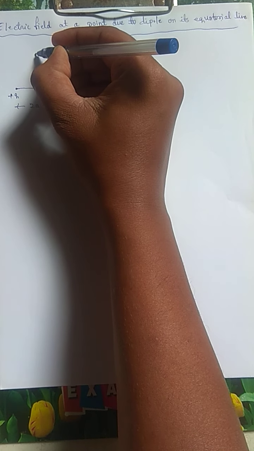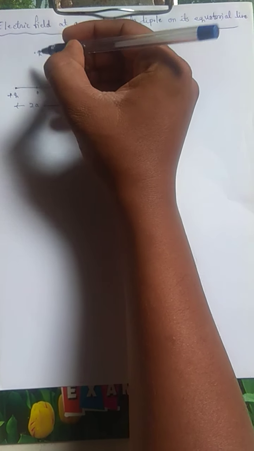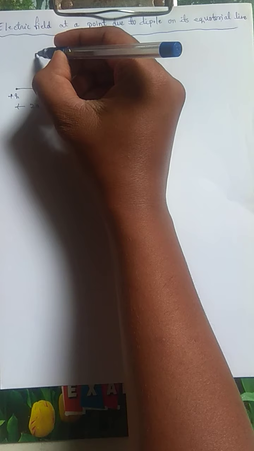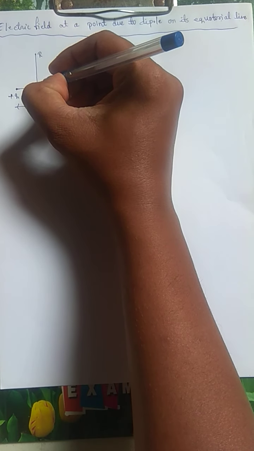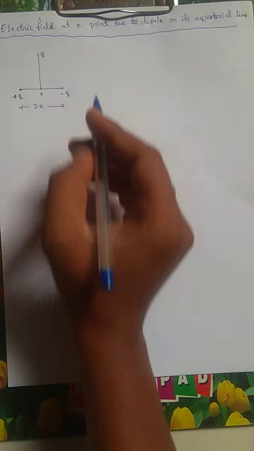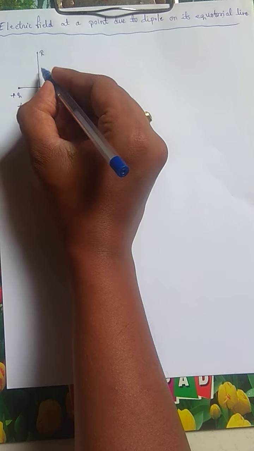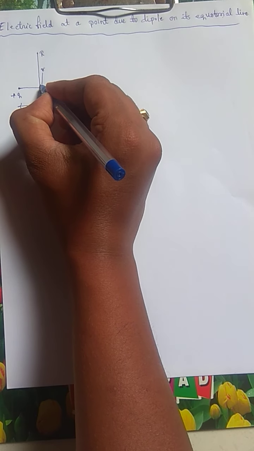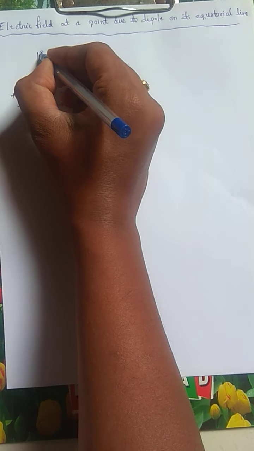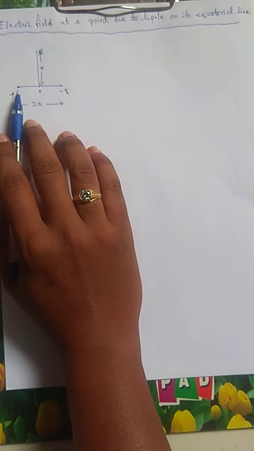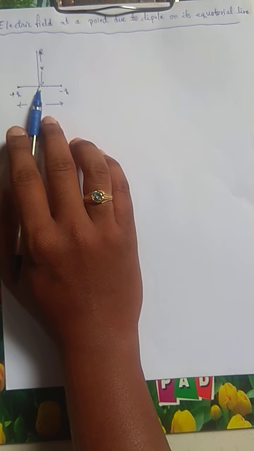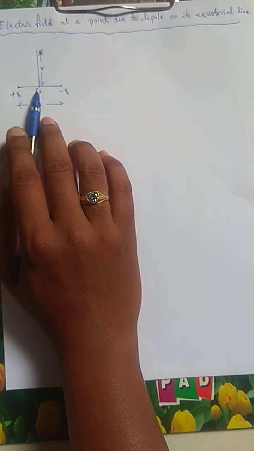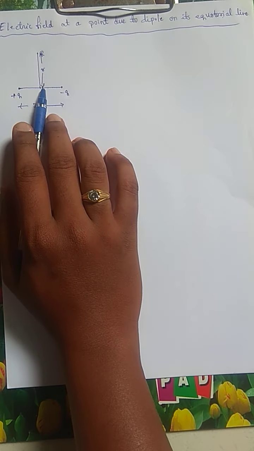I will consider the point R on the equatorial line. If I join the points R and O, that results in the equatorial line. This is our equatorial line. Now let R be a point at a distance small r from center O. The distance of the plus q charge from center O is a, and this is distance r.